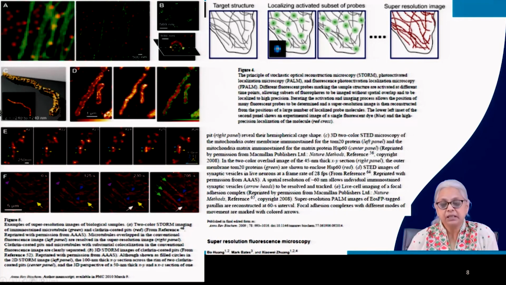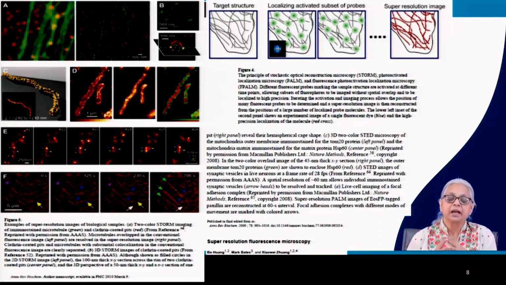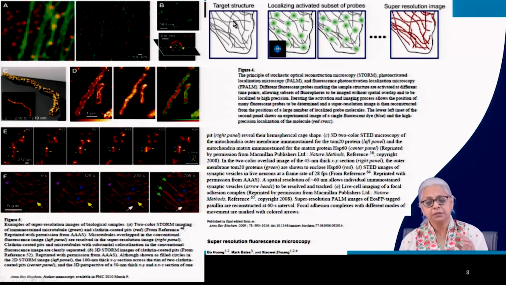So this is a 3D image of a mitochondrial outer membrane that has been stained by a particular protein. So this protein has fluorescence properties, and therefore it can be imaged under a fluorescence microscope, and you can see the detail. It's around 240 nanometers.